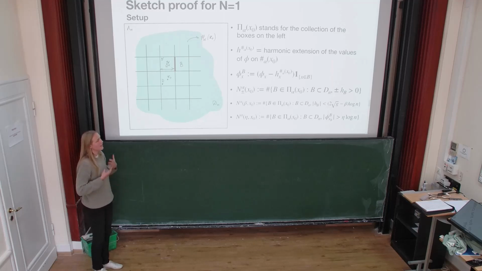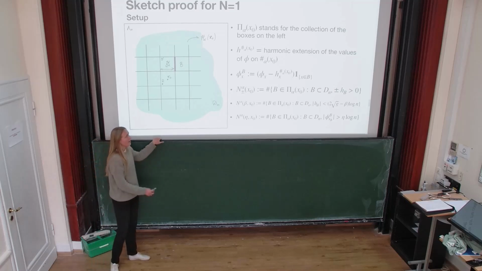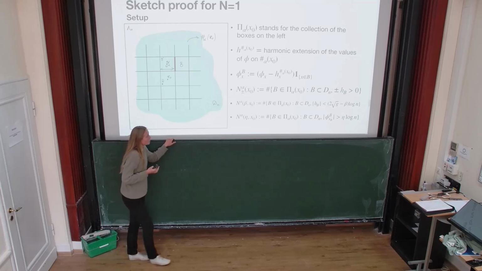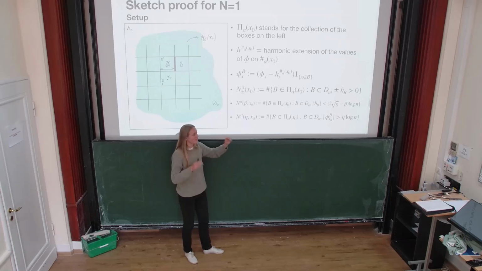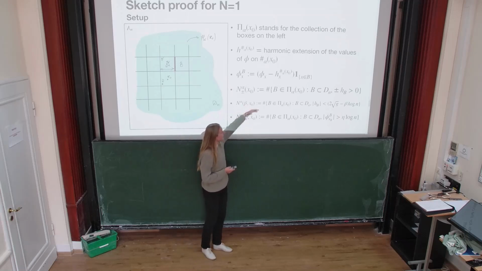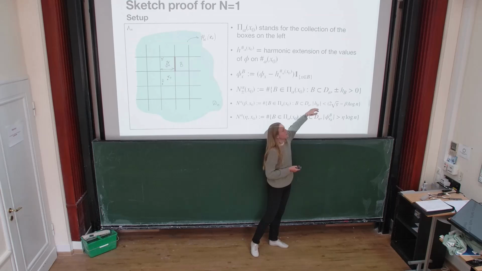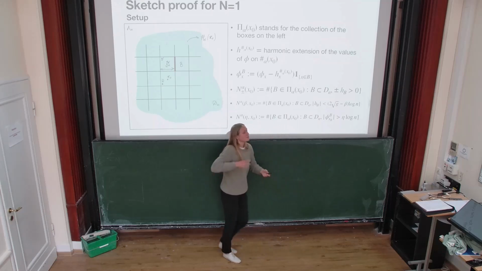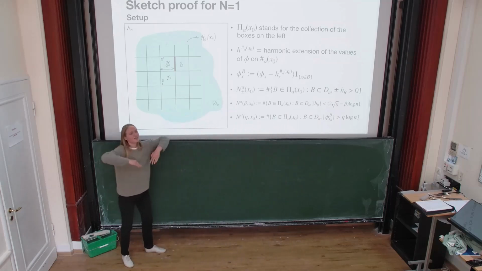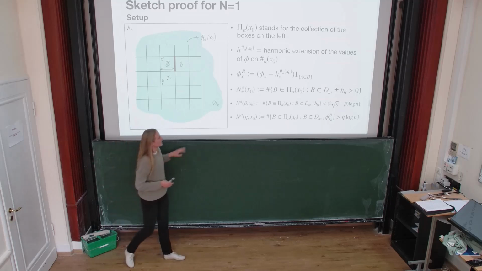So in some sense, what have we claimed? We have claimed entropic repulsion, and we have claimed that somehow we pick the direction. So what we will be looking at is the number of so-called low boxes. By this we mean the boxes which have low harmonic extension, because actually this 2 square root of g log n comes from the push of the harmonic extension, and then the fields in the boxes are the ones that fluctuate.